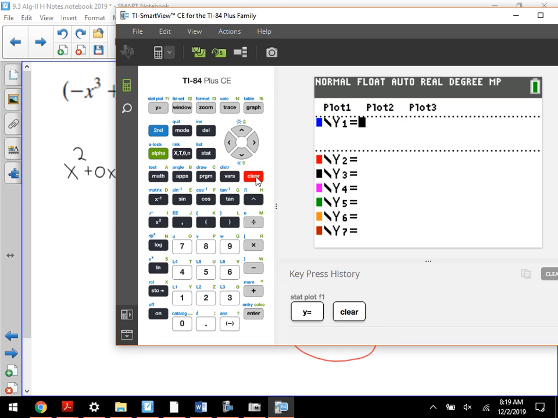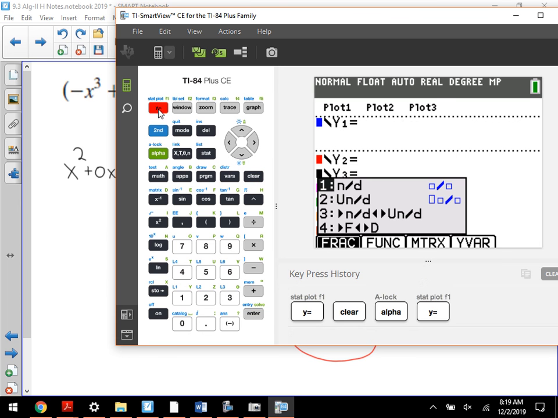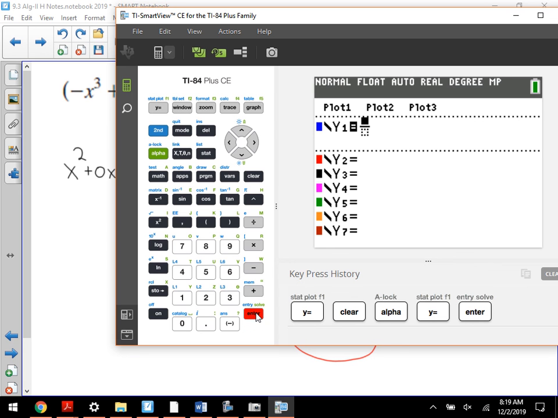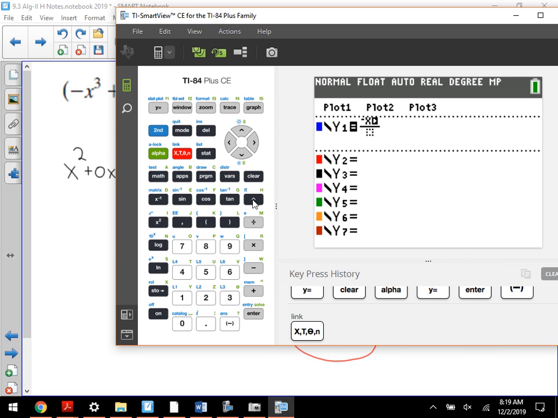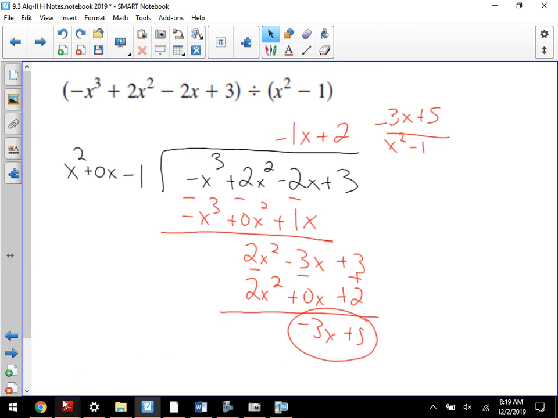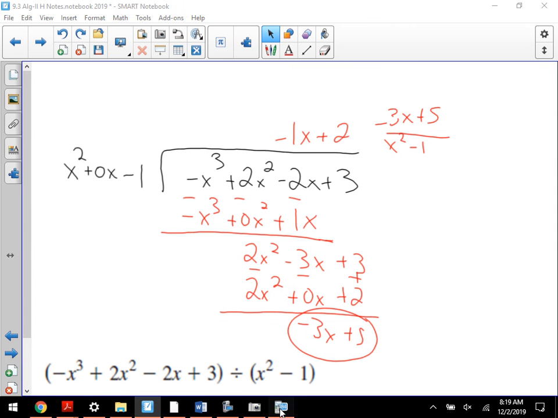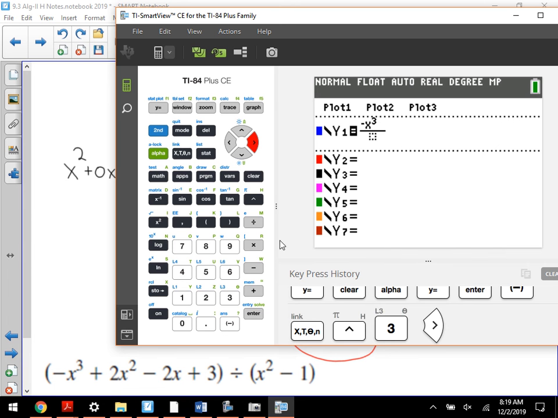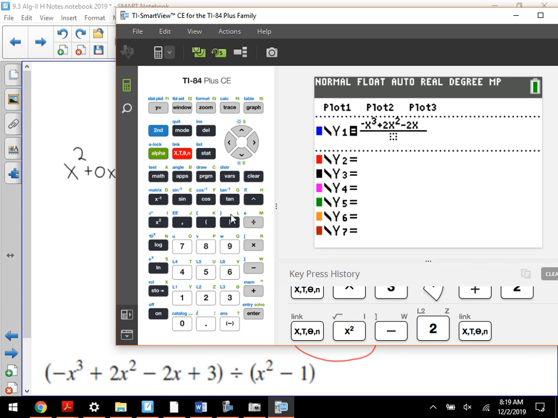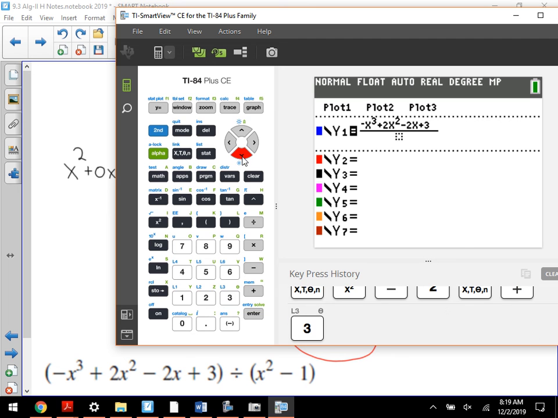What was it again? Alpha y equals, then we had negative x cubed plus 2x squared minus 2x plus 3 over x squared minus 1.